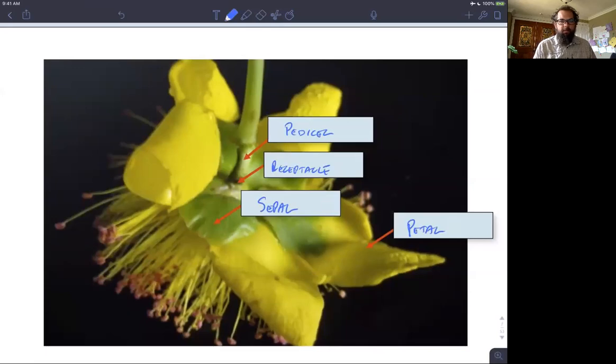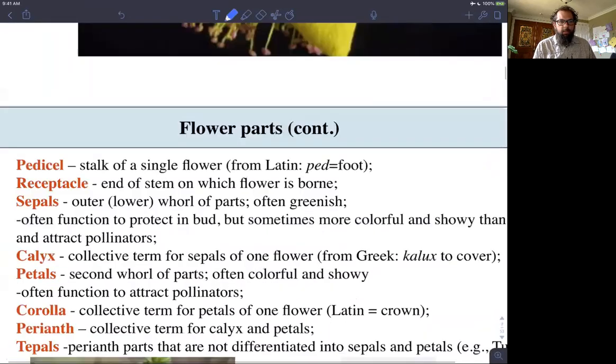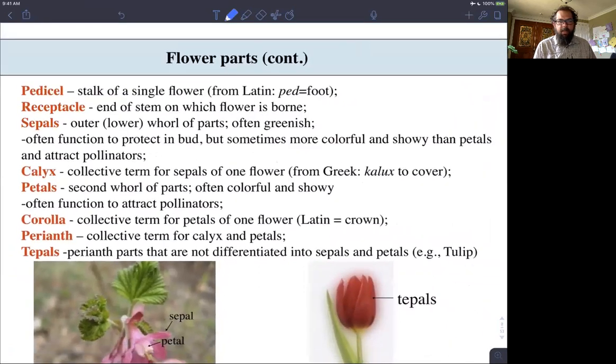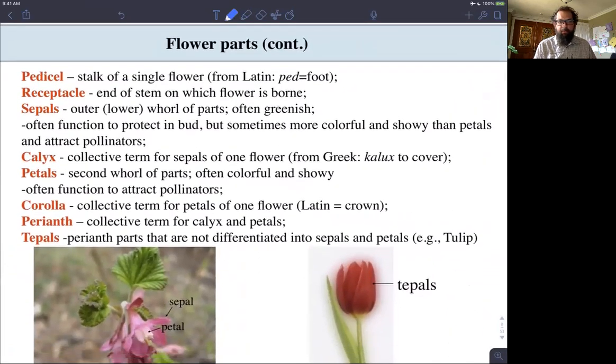Okay, so those are the non-fertile parts. And then just so you have these all written out, I've gone ahead and put our definitions for the flower parts and talked about including those collective terms like calyx, the collective term for the sepals of one flower, or the corolla, the collective term for the petals of one flower, or the perianth, the collective term for both the calyx and the corolla together.